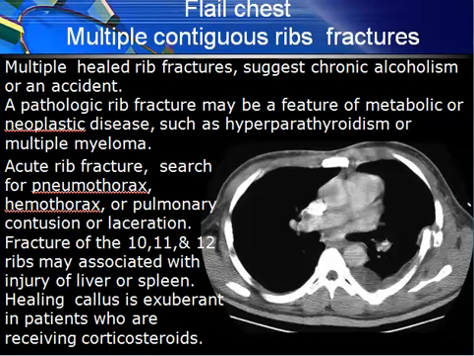In acute fractures, exclude lung laceration and pneumothorax. Fractures of the lower 3 ribs are usually associated with lesions of liver or spleen accordingly. Why is there sometimes exuberant callus? This is seen in patients receiving corticosteroids.